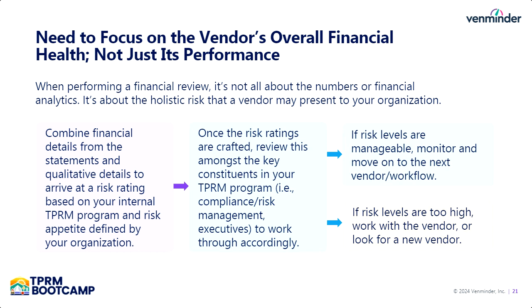So combining both helps you identify areas of full comprehensive risk, and once you identify those risk ratings and you ultimately review the vendor's financial health performance on those risk ratings, you can make a determination if that risk level is appropriate for your organization's risk appetite, or, if the risk levels are too high, work to mitigate that by working directly with the vendor or looking for a new vendor. So that's why it's important to keep this all in mind at the highest levels.